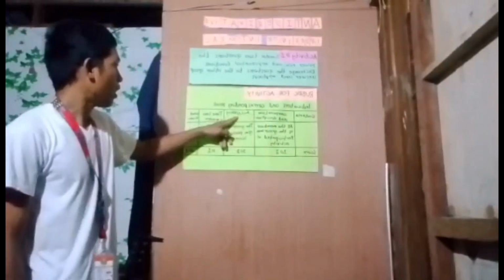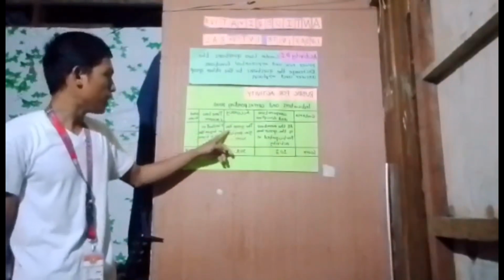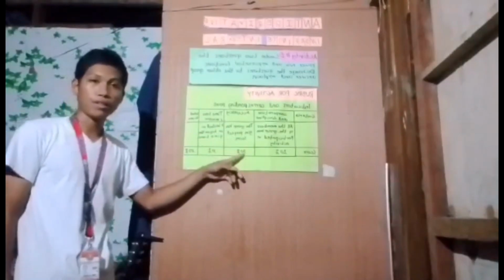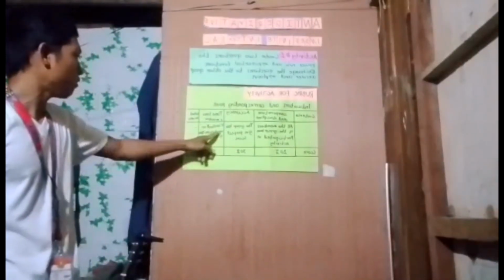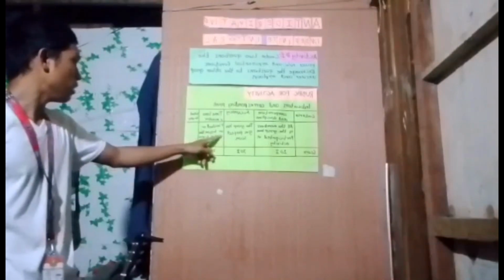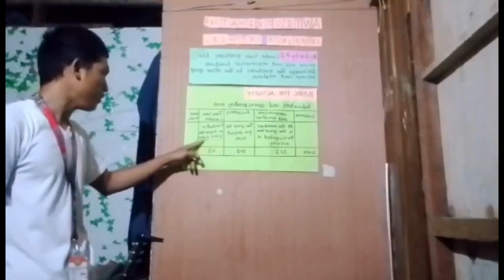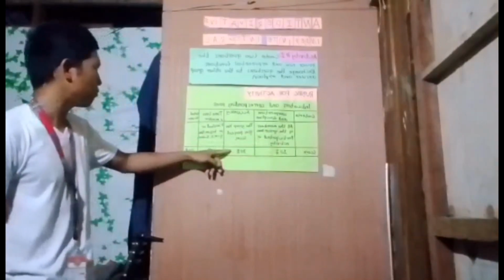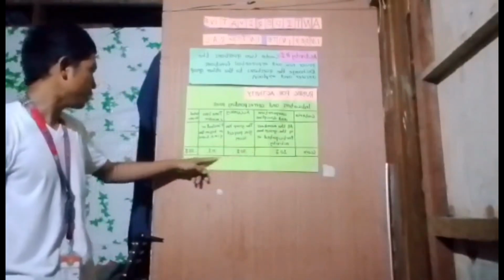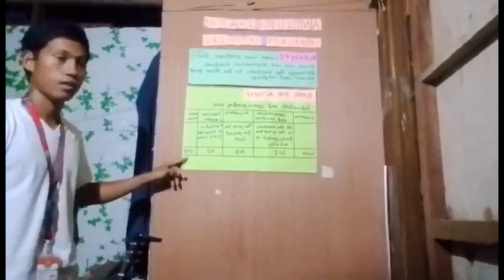Accuracy, if the group gets a perfect score, it has 30%. Timeliness, in 5 minutes, finishing on or before the given time has 10%. So the total score of your criteria is 50%.